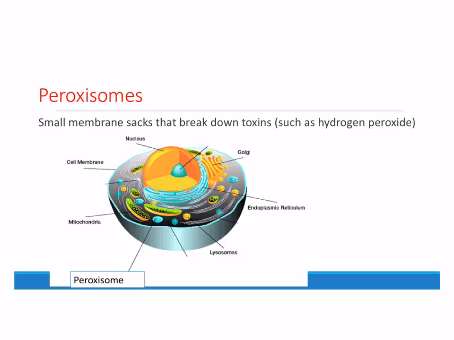In class, we talked about hydrogen peroxide, and we even did a lab with catalase enzyme, and we talked about how all cells have the catalase enzyme. Well, in a cell, you would find the catalase enzyme inside a peroxisome because its job is to break down toxins such as hydrogen peroxide. So these little sacs called peroxisomes are responsible for breaking down these toxins.